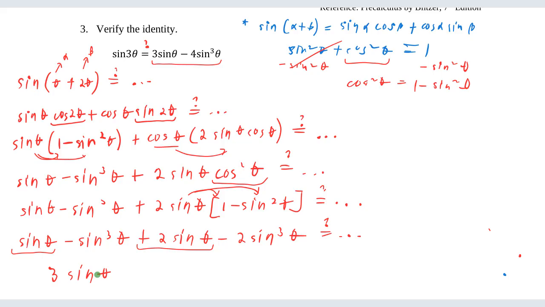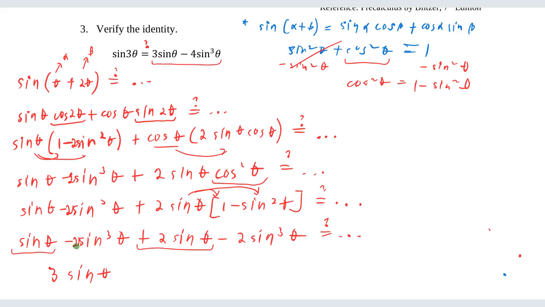Oh, okay. I think, let me just correct that portion. I think I missed this portion in the formula of the cosine double angle. It should be 1 minus 2 sine squared theta. Okay, so there you go.